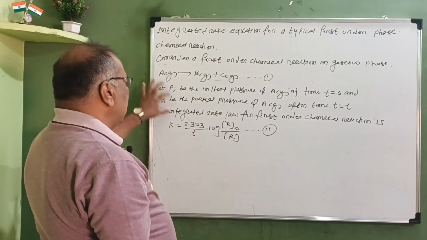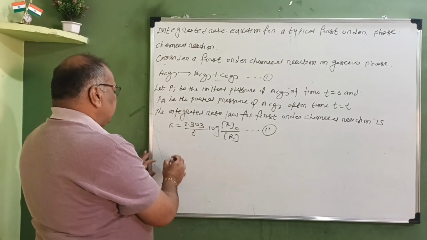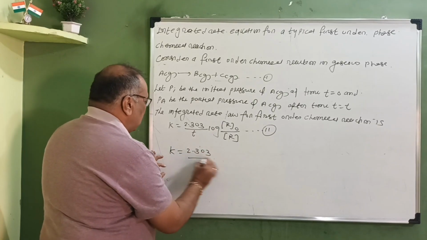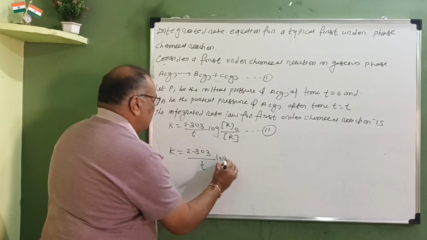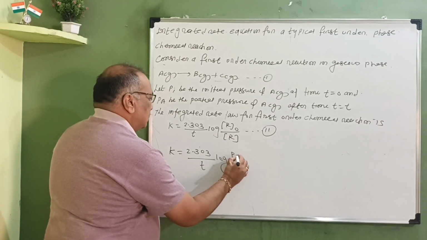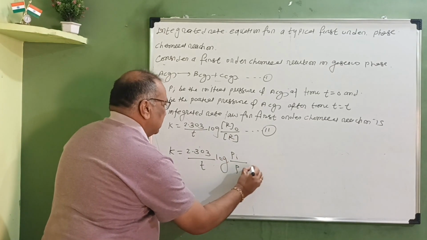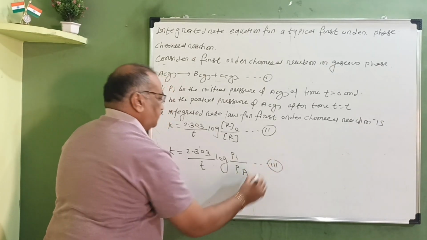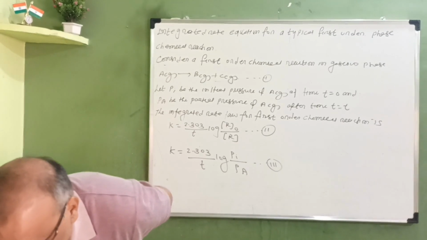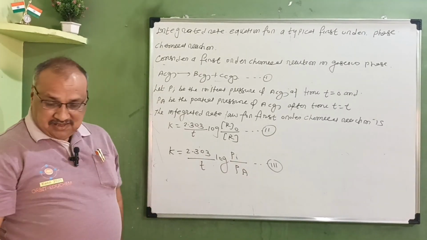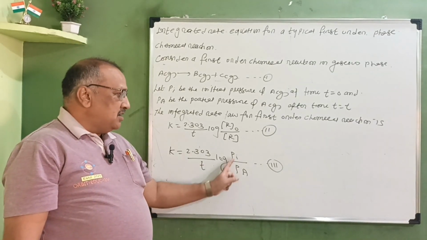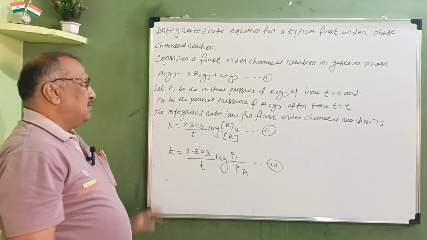Now put this value in equation 2, we get k is equal to 2.303 upon t log of initial pressure Pi upon Pa. Now here this is your equation number 3. Now calculate the value of Pi and Pa by using the table.